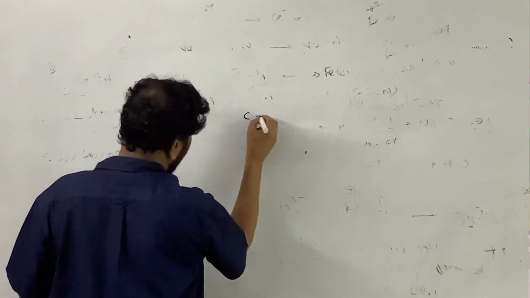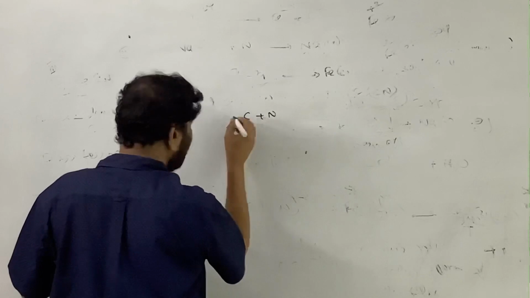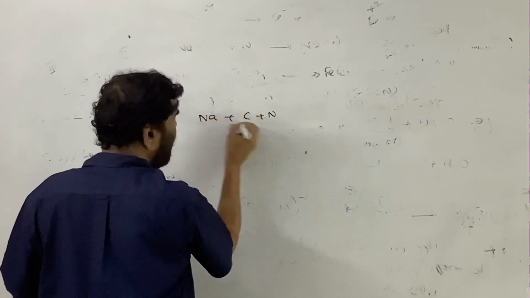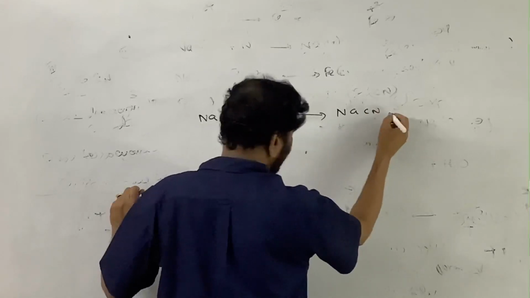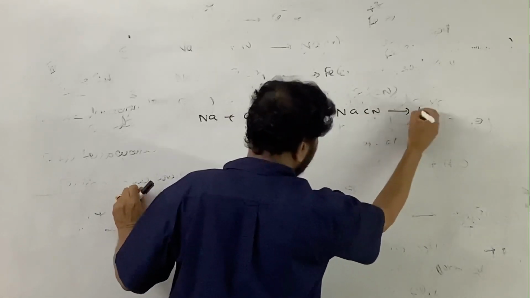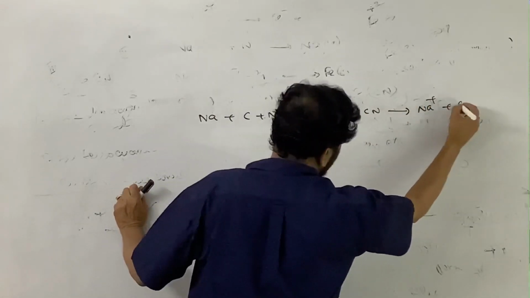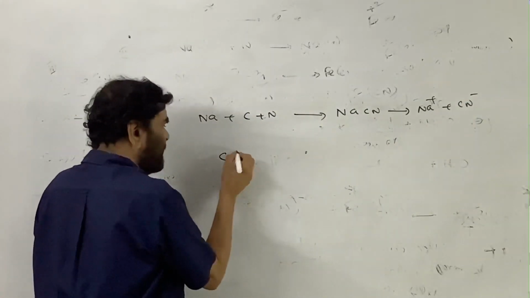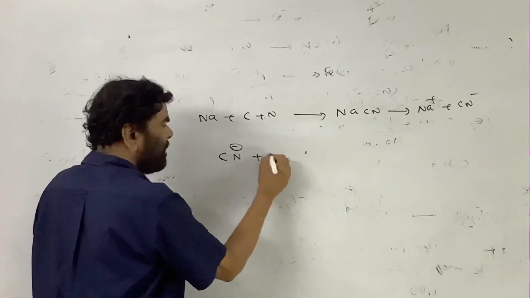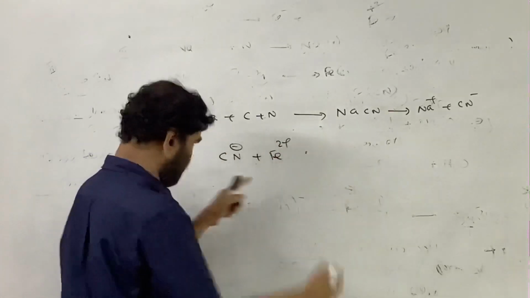See, sodium, carbon and nitrogen are combining to give sodium cyanide, which is the source for Na+ and CN-. You are taking the Lassaigne extract, that is the cyanide ion, plus you are adding the ferrous sulfate.